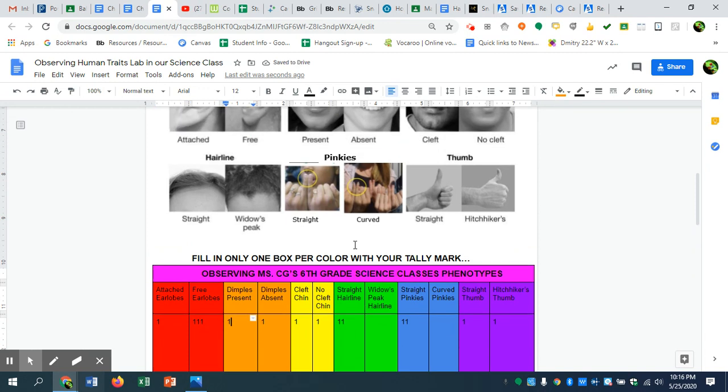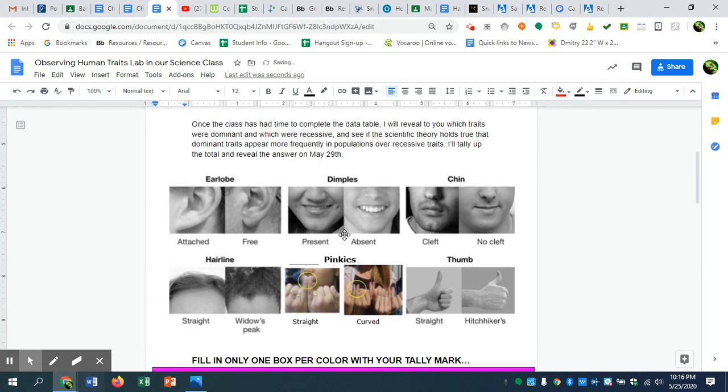Same thing, now go to your dimples. But remember, you just put your 1 in one box. I'm going to delete that because I did mine here. These are my traits. Look at dimples. We're going to look at dimples by your cheeks, not your chin yet, just the cheeks.